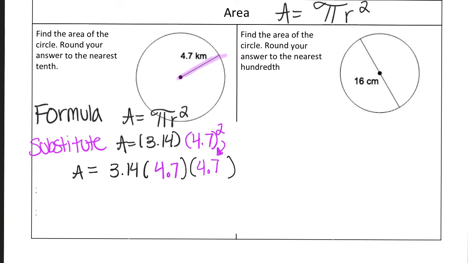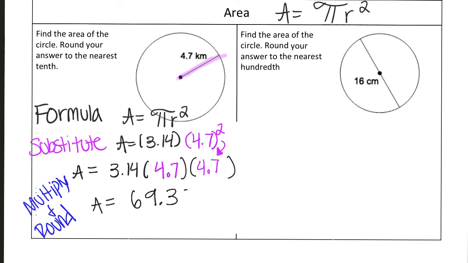So now I just type that in my calculator. So I'm going to multiply and round. So 3.14 times 4.7 times 4.7. Okay, you get the area is 69.3626.